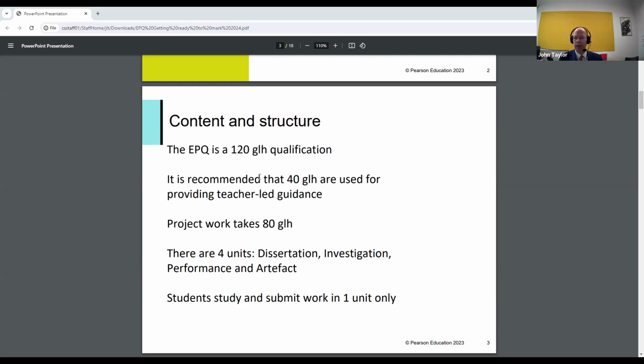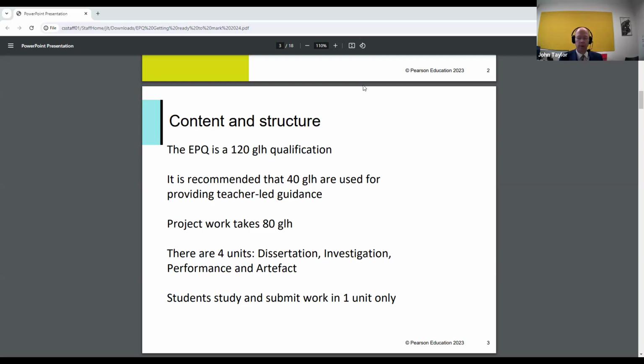That's a very substantial chunk of time, and an important point with the project qualification, that it's probably going to be the single biggest piece of work that learners have done in the course of their school career. As such, we need to manage the time allocated to it carefully and thoughtfully, and encourage them to be reflective about how they manage their time.